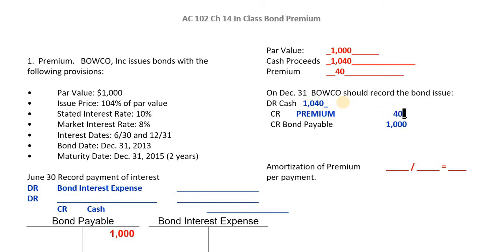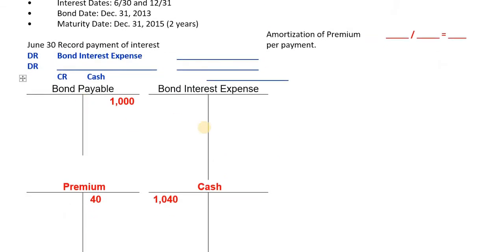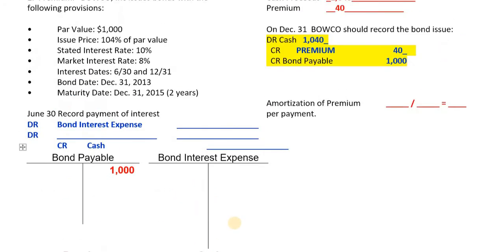And there's our journal entry to issue that bond right there. Okay? And it's right here as well. Credit payable, credit premium, debit cash.